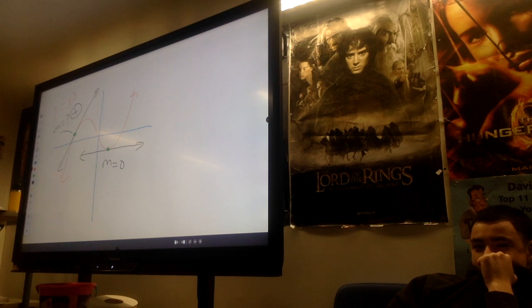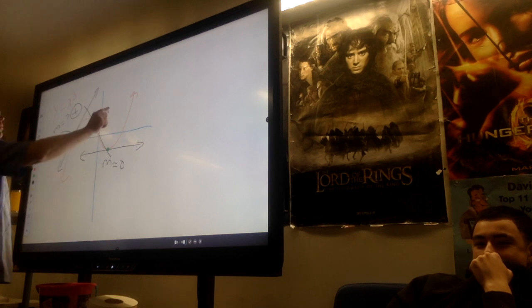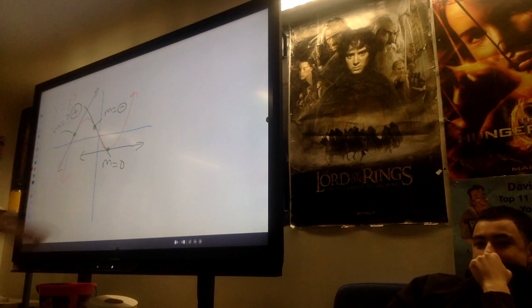So the slope of that horizontal black line is 0. And then the third spot would be a point right here. You have exactly one straight line that'll come through, be tangent to it at this point, and the slope right here will actually be negative. So those are some things that we're going to start looking at.